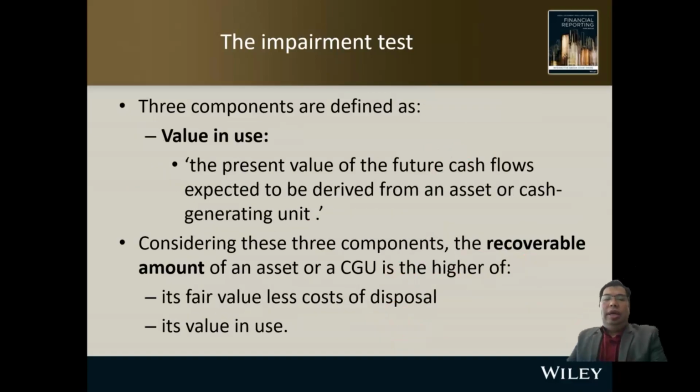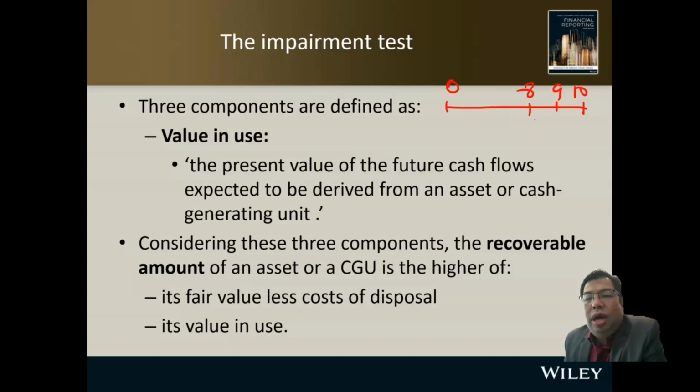Number three is the value in use. What is value in use? The present value of future cash flow expected to derive from an asset or cash generating unit. If you don't sell the asset, you keep the asset. Maybe the asset can last for 10 years. This is year zero. So every year, how much can you generate from using the asset? So you're going to use present value.